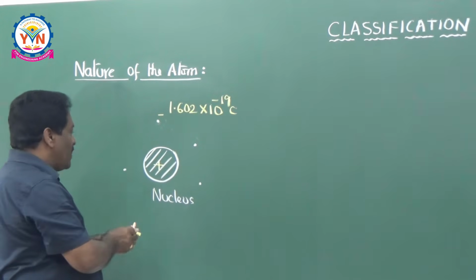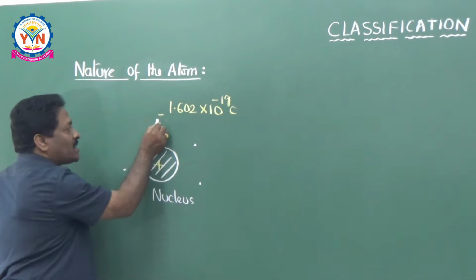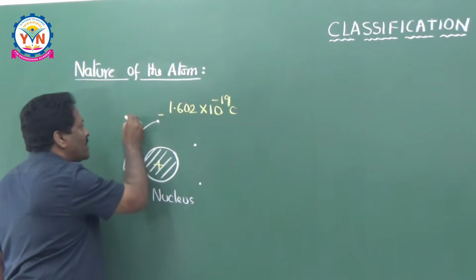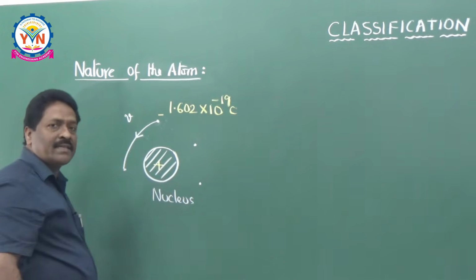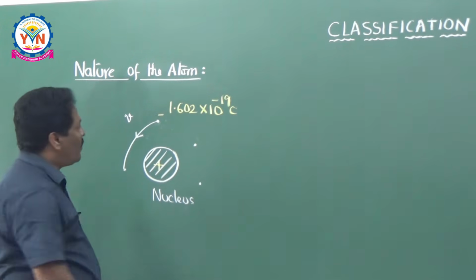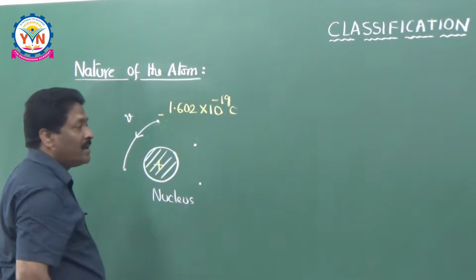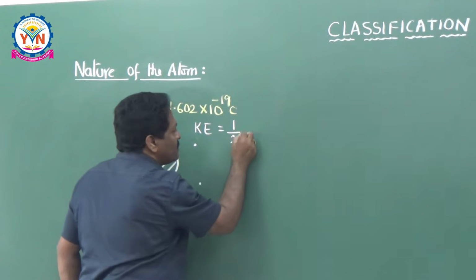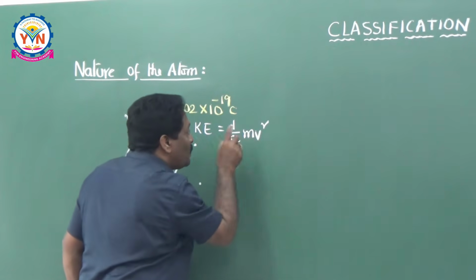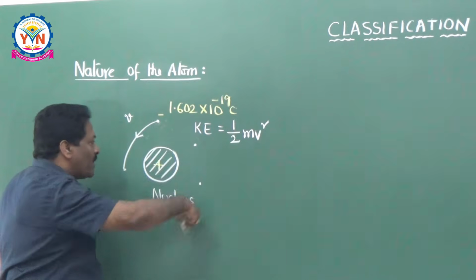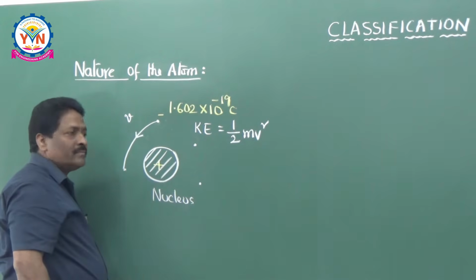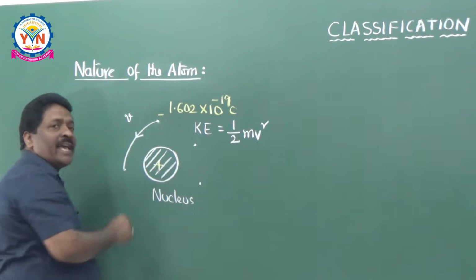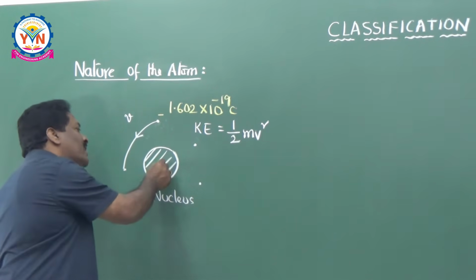So I can say that electrons are not stationary. Electrons are moving in these orbits with some velocity, which gives them kinetic energy. From your physics, the kinetic energy of the electron is half m v square. This is the energy possessed by the electron because of its movement around the nucleus.